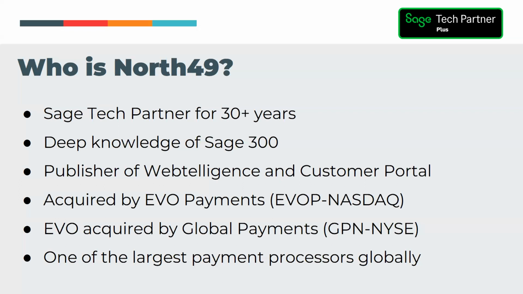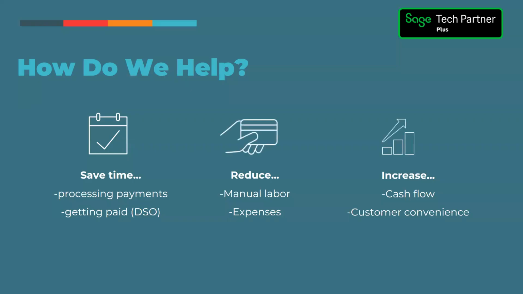We are a very large entity that does software like North49 does for customer payments and customer self-service, as well as payment processing. So now we are able to provide that complete solution, from the customer-facing presentment of invoices and orders, right down to the full-on payment processing. So that's a bit of history about us.